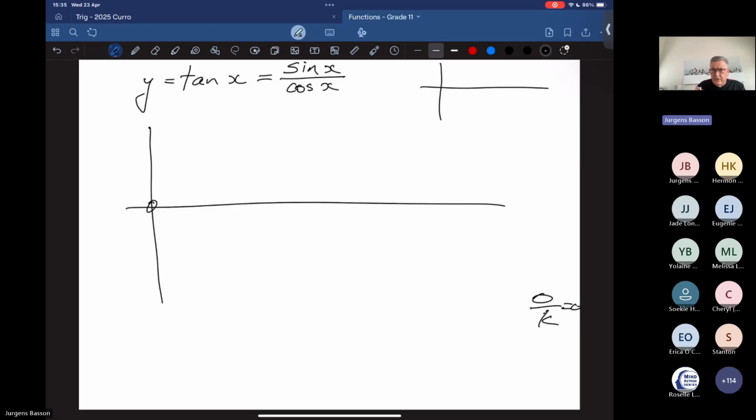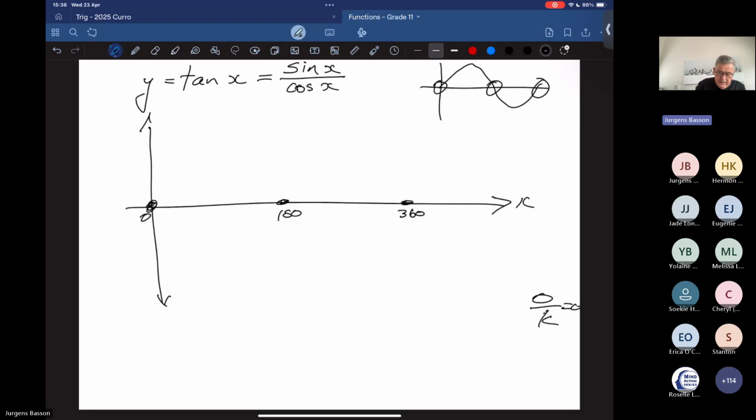And that is the reason. So if sine x is 0, the whole fraction is 0, and that gives me the x-intercepts. And can you see where the x-intercepts are? Where sine is 0? So at 0, at 180, and at 360. That is where this graph will cut the x-axis.